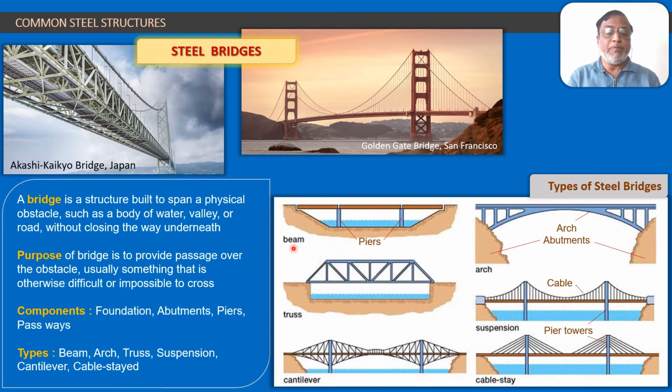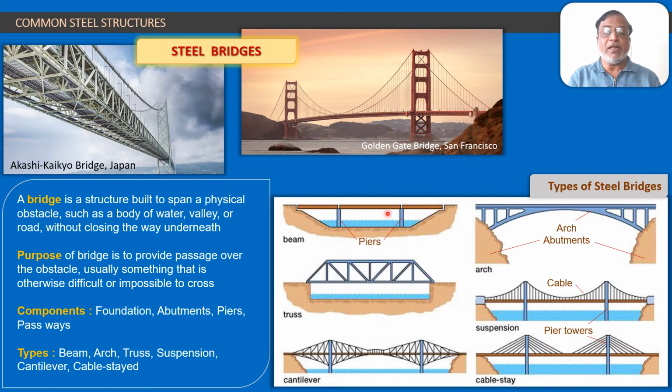The first type of bridge is called the beam type bridge. If you look at this diagram, you can see the bridge passway consisting of beams. These beams may be of plate girder type, or they may be trussed beams, or any type of steel beams. So this is the first type of bridge you can have.